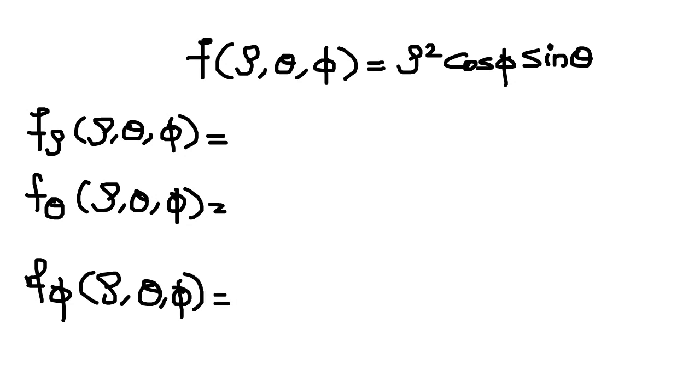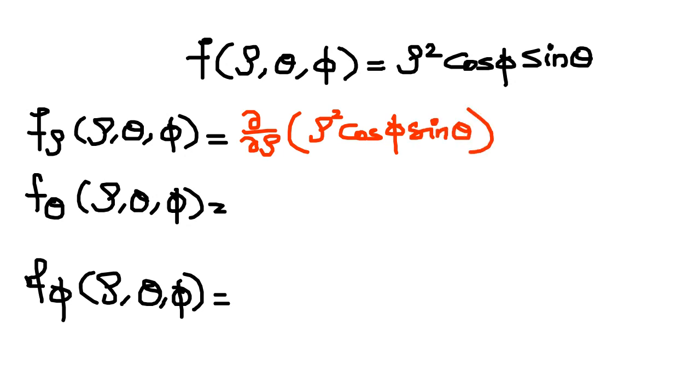Now f of rho, partial by partial rho of rho square cosine of phi sine of theta. It means these two variables are constant. What is the derivative of rho square with respect to rho? That is 2 rho.